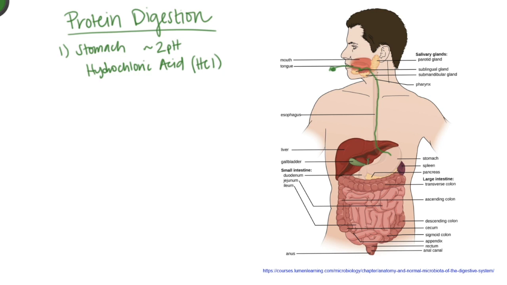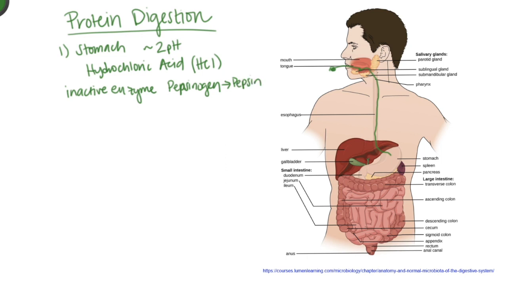And another thing that hydrochloric acid is going to do is it's going to take what we would consider an inactive enzyme called pepsinogen. And the hydrochloric acid is going to help turn that pepsinogen into what we could consider an active enzyme, which is called pepsin.